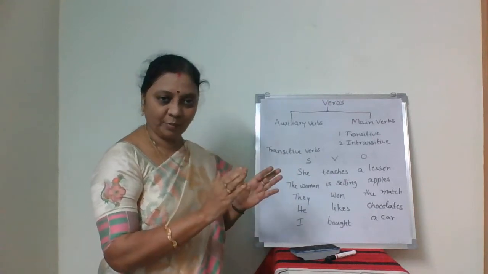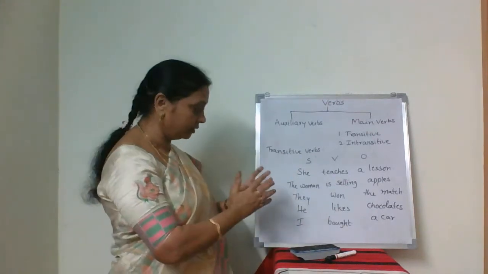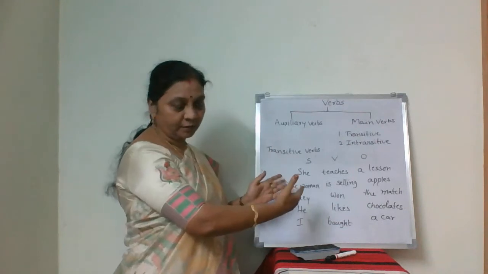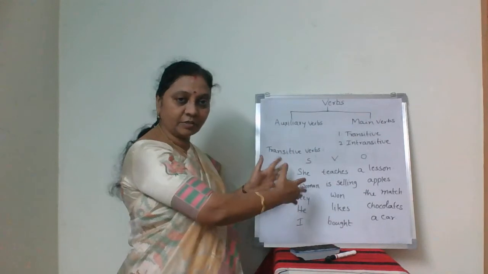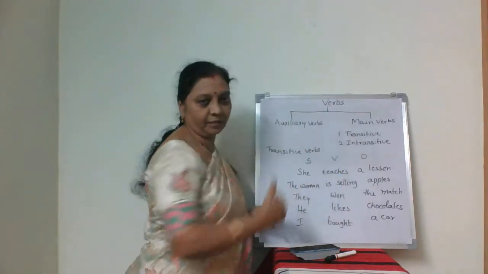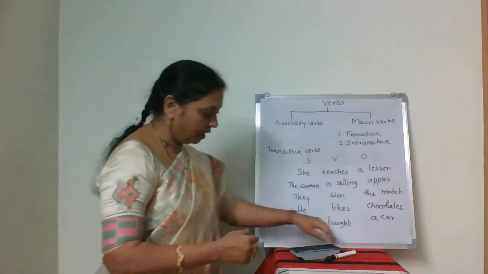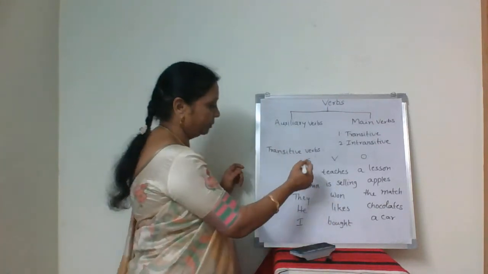That is a transitive verb. So a transitive verb is one which passes on the action from subject to object. Now look at these examples. How does this transfer take place?